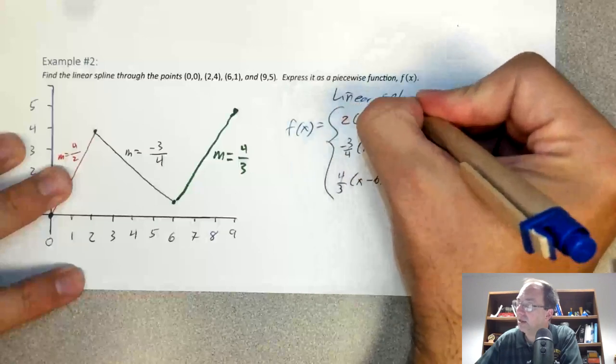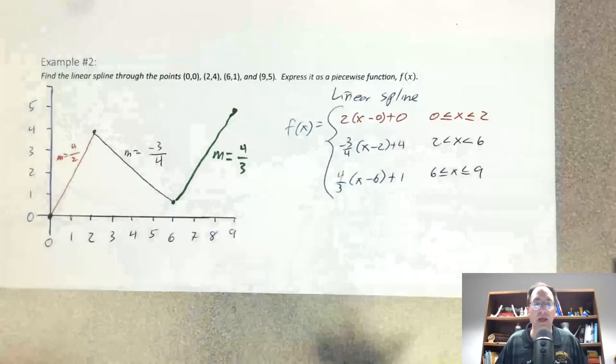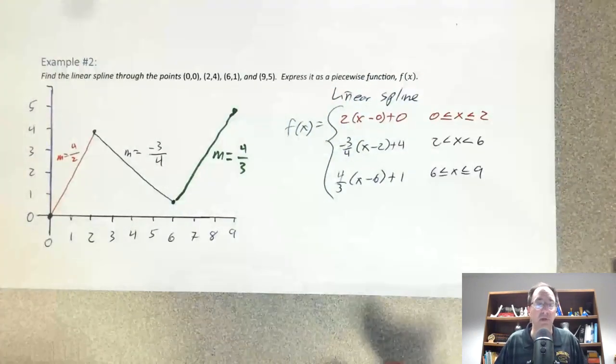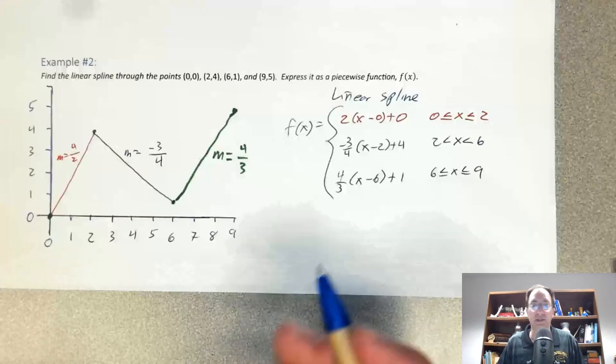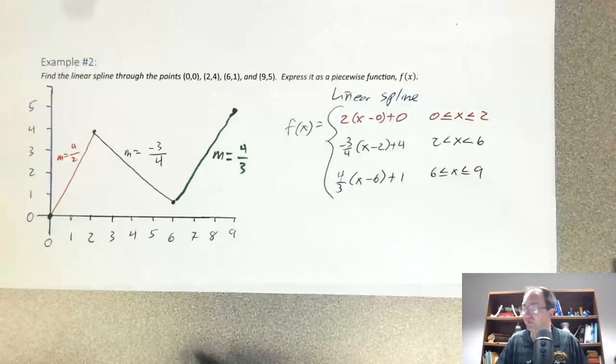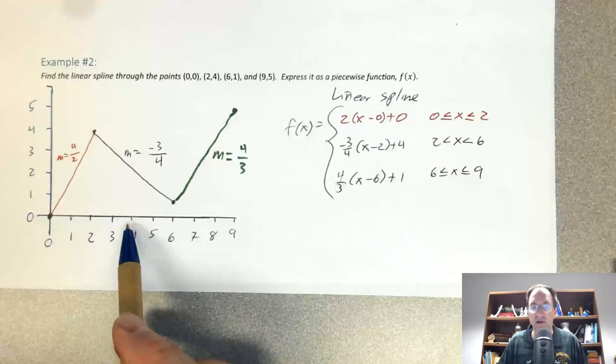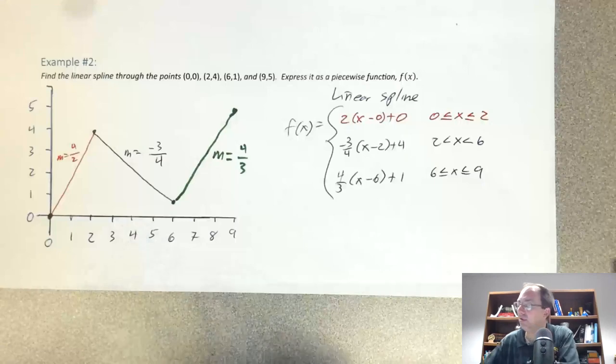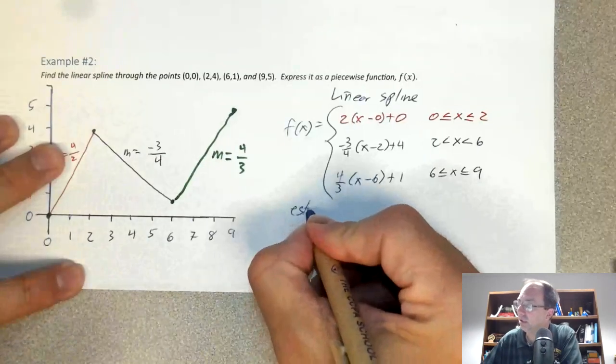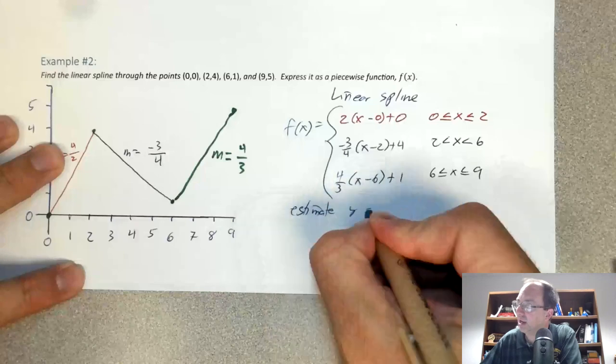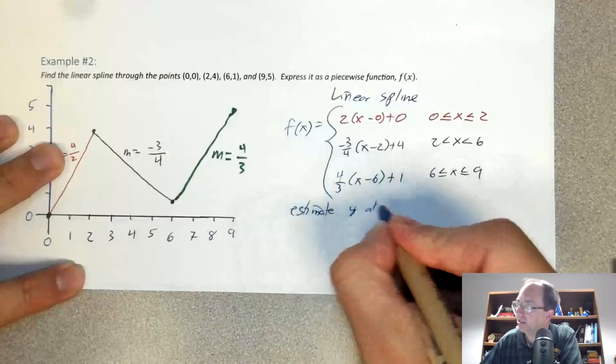And the nice thing about linear splines is that you can immediately do linear interpolation. If you've heard that term, it is just plugging in. So for example, if I wanted to estimate what the value would be, say here at 4. So estimate y at x equals 4.